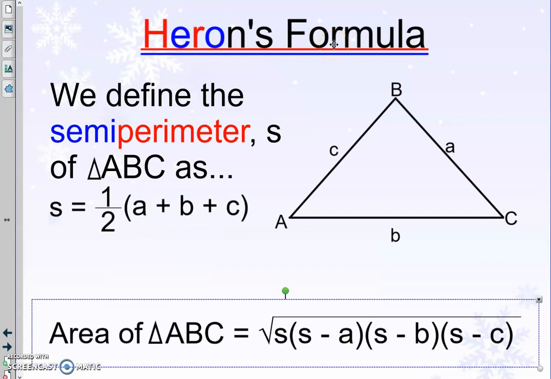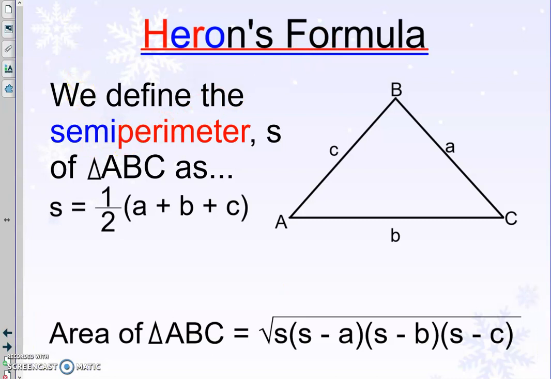Heron's formula involves this new idea called a semi-perimeter. Let me just spell this out. The semi-perimeter, I'm going to call it S, is half the perimeter. So remember, to find the perimeter, you just add up all the sides. So the semi-perimeter is just half the perimeter.